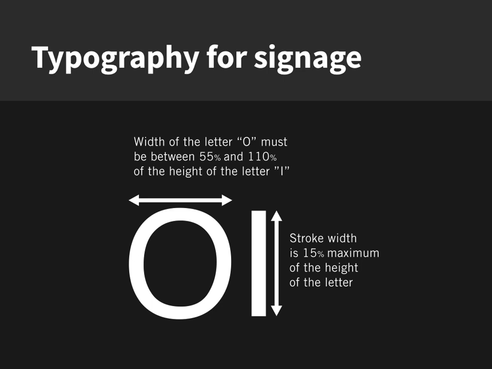And lastly, just to give you a glimpse of the kind of regulations and requirements for typography for accessible signage. So these are some examples of the structure or the nature of the letters that you have to use. So for example, the width of the letter O must be between 55 and 110% of the height of the uppercase I, and the stroke width is 15% maximum of the height of the letter.